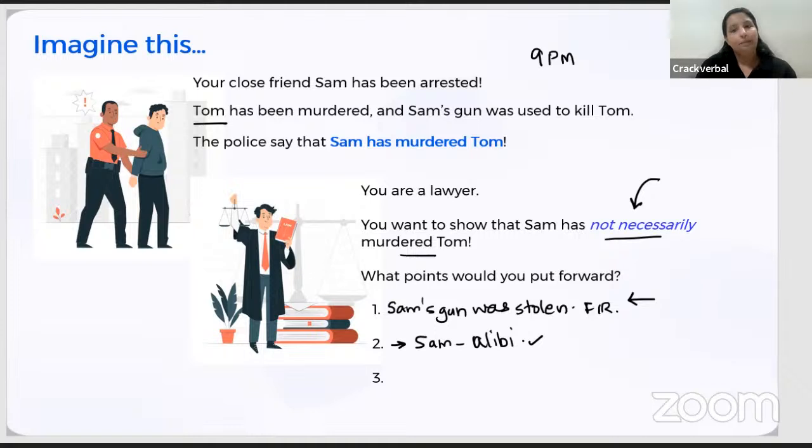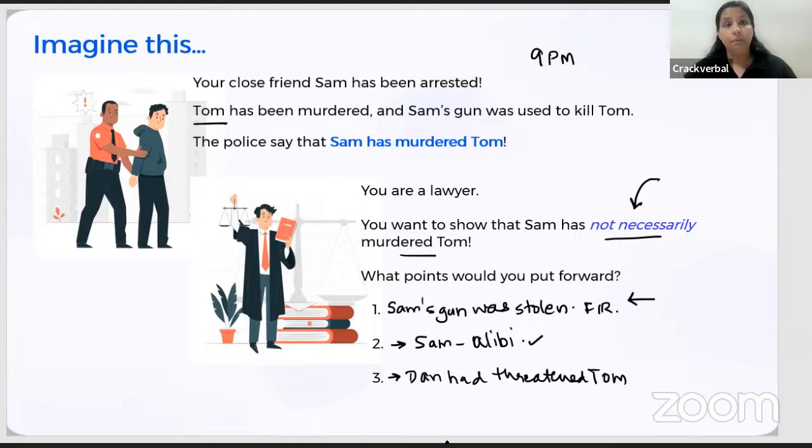One more. The last one I'm going to leave for you. What is one more point you could put forward that will help you show that Sam has not necessarily murdered? Maybe you can bring up a topic like, I could say something like Dan had threatened Tom.